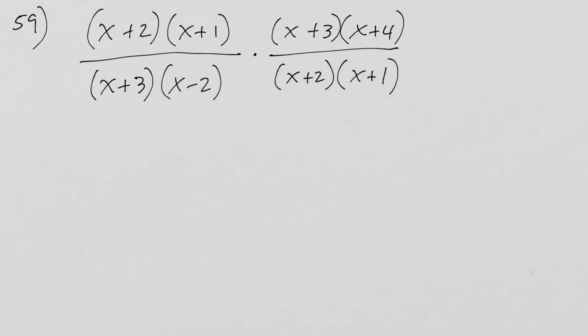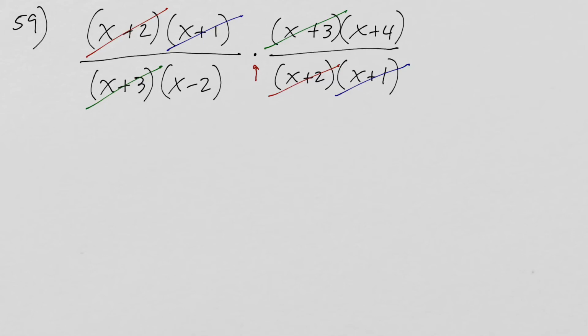Okay, in a problem like this, as long as it's being multiplied, anything in the numerator, it doesn't matter which fraction it is in, can cancel with anything in the denominator. So this x plus 2 can cancel with that x plus 2. This x plus 1 can cancel with that x plus 1. This x plus 3 can cancel with that x plus 3.